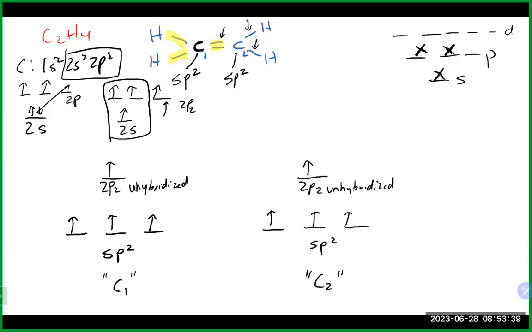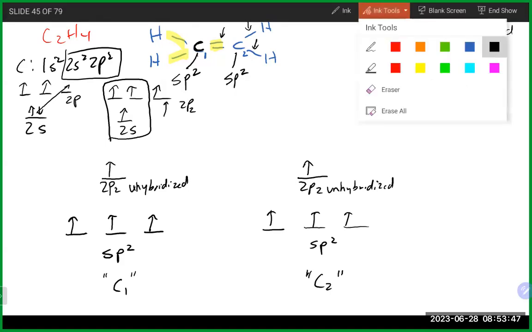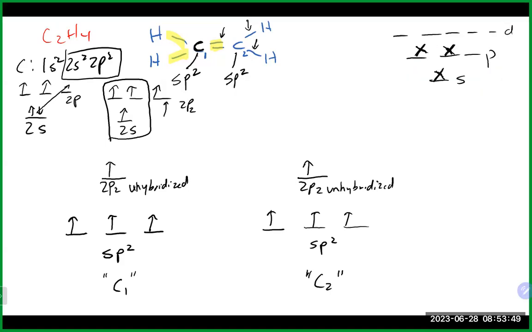All right. So let's take a look and see if we could account for all the bonds that we got going on in this particular molecule. So let me clean up a little bit of this here. Get rid of the entire thing.